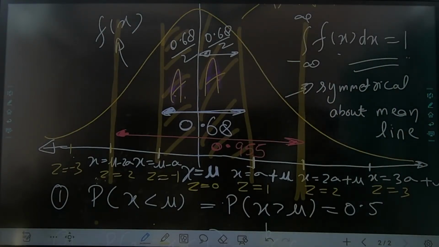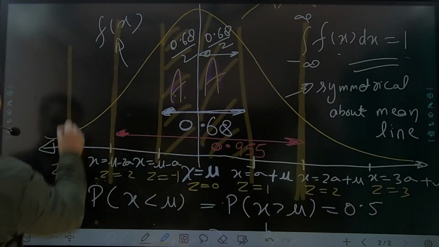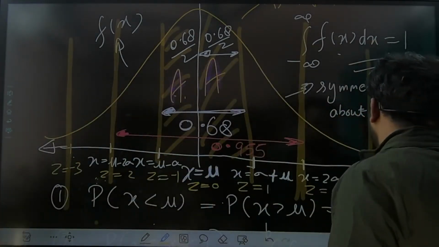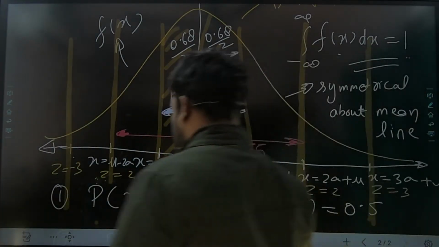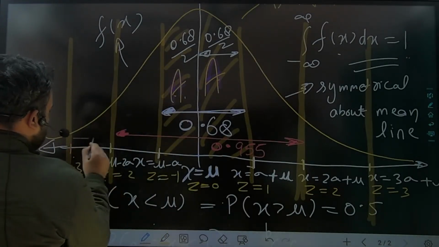Now, if you go from z equal to minus 3 to plus 3, then we have 0.997.